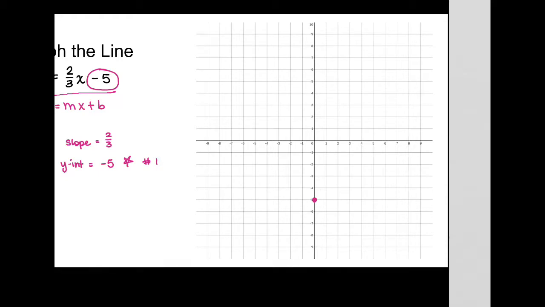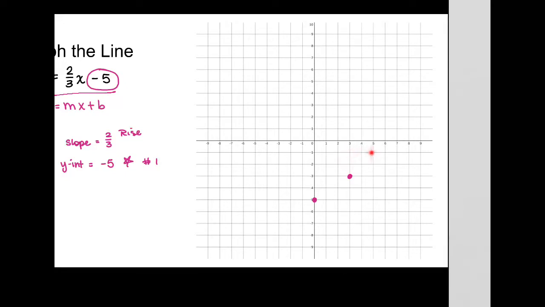My slope is 2/3, so that's a rise of 2, and then a run of 3. 1, 2, 3, and I'm going to plot a point there. And I'm going to keep doing that till I run out of space.